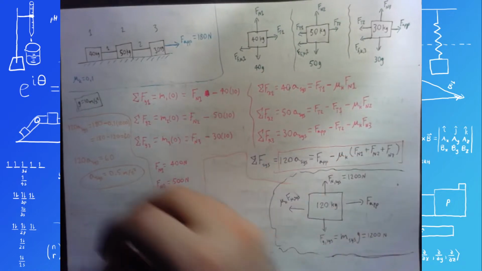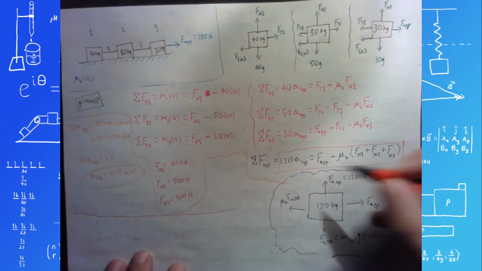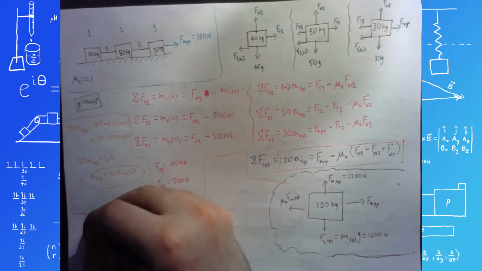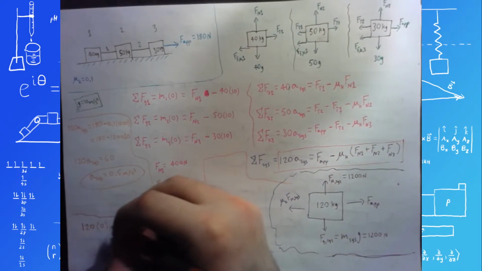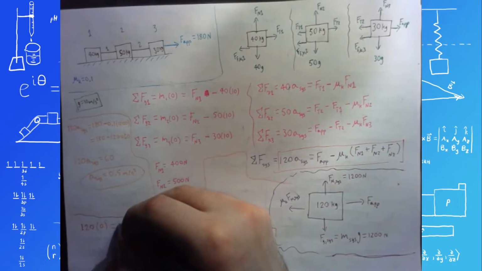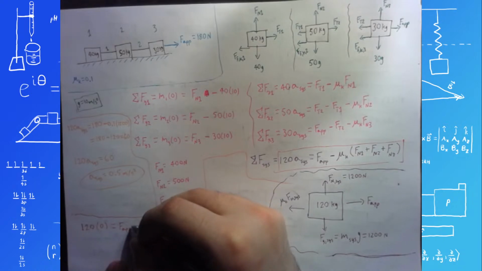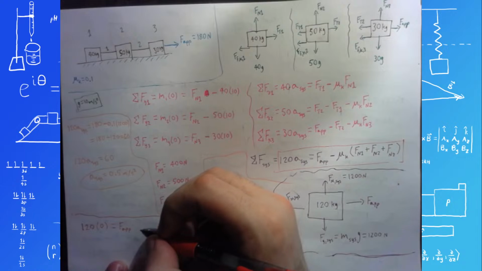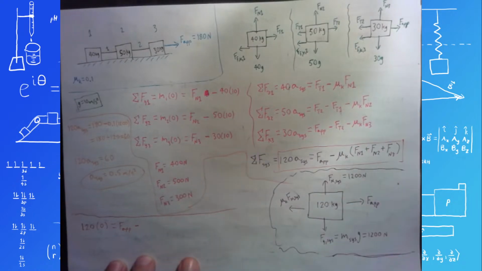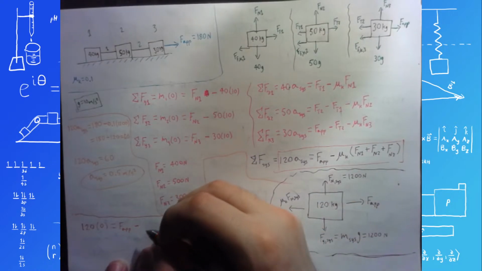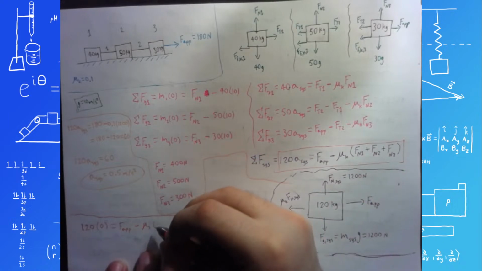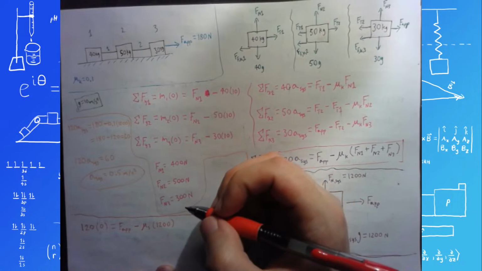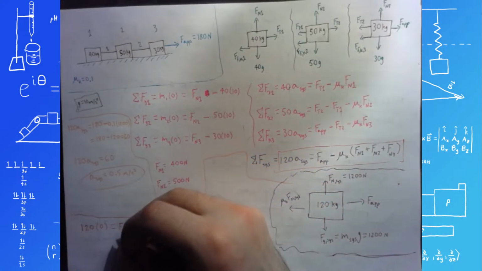So 120 times 0 would equal force applied, I should have subbed that as 180, but we'll do that on the next line, minus coefficient of static friction times 1200, the force applied being 180.